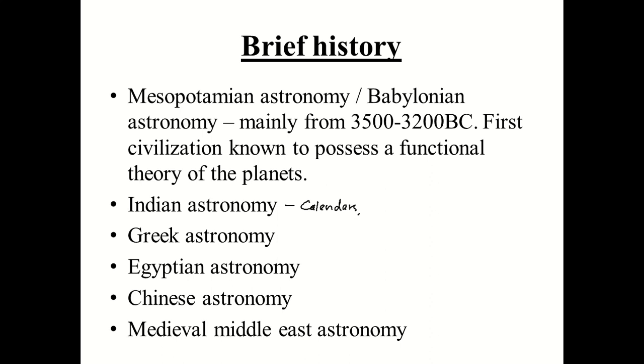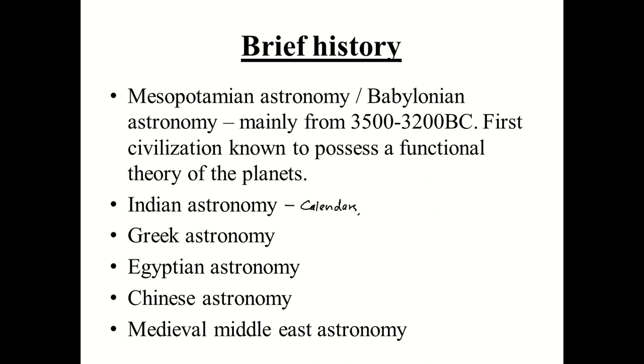Also, he successfully calculated many astronomical constants such as the periods of the planets, times of solar and lunar eclipses, and the instantaneous motion of the moon. So, Aryabhata was the ancient Indian astronomer who made remarkable contributions.